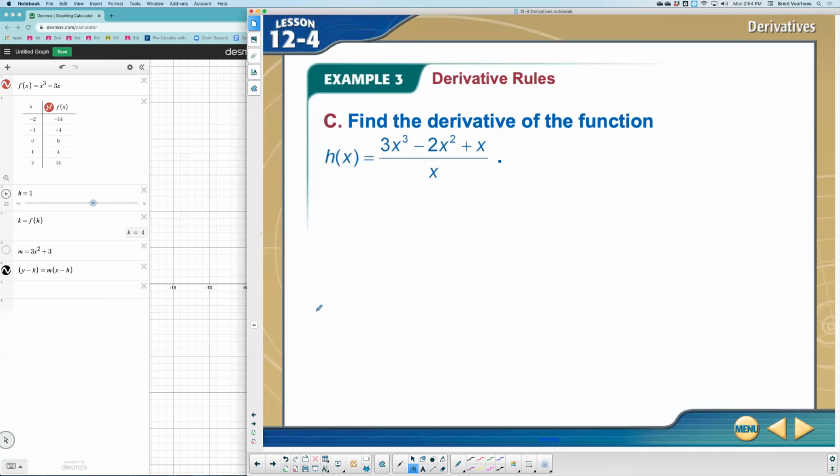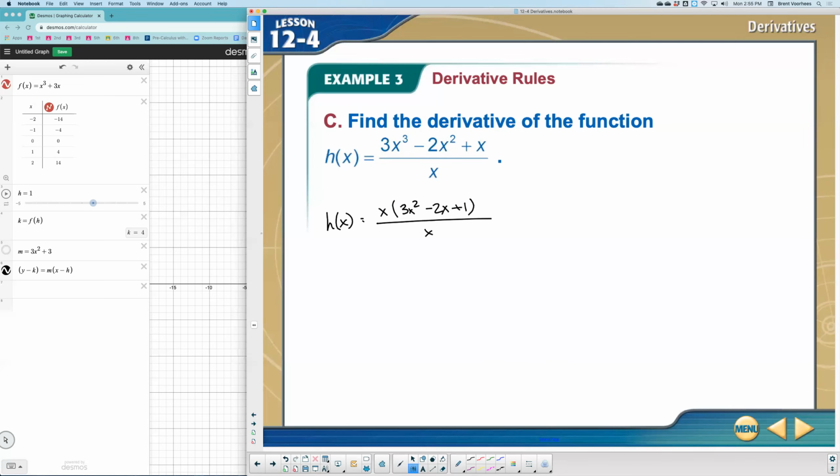And here's part C. On this one, notice that we're working with the division. We could use some algebra rules though to simplify the function h. We can notice that in the numerator, each term has a value of x, so I could do a greatest common factor and divide out that power of x that is shared all the way across, and so I'm left with 3x squared minus 2x plus 1, because x divided by x is 1.